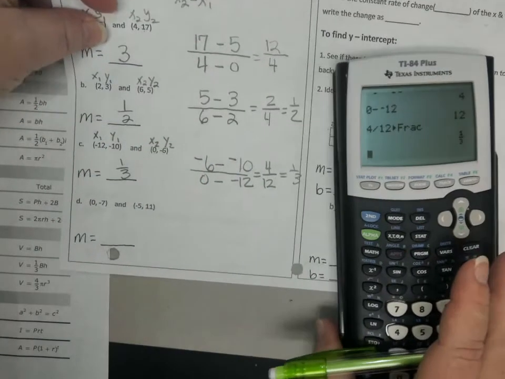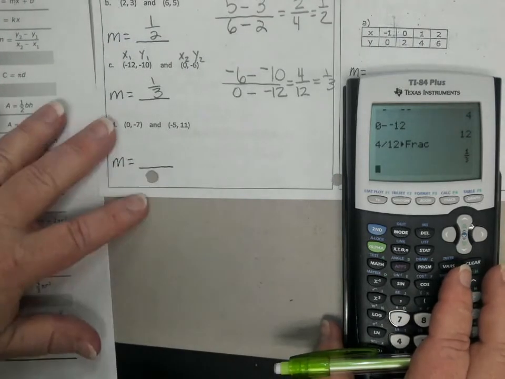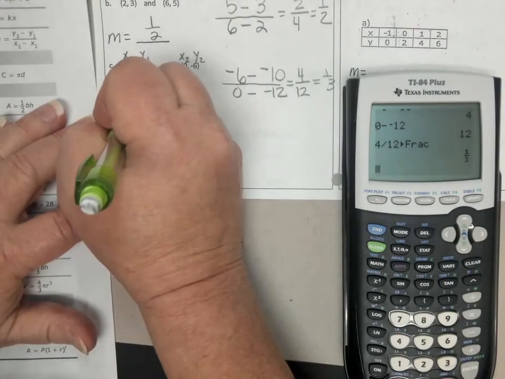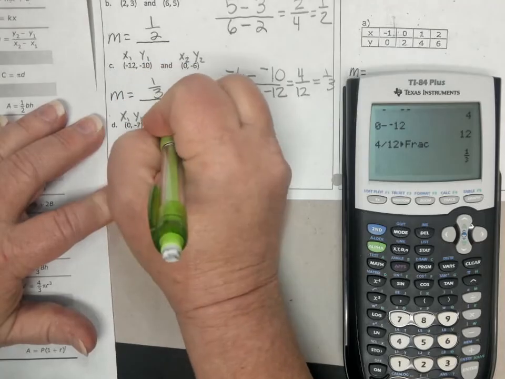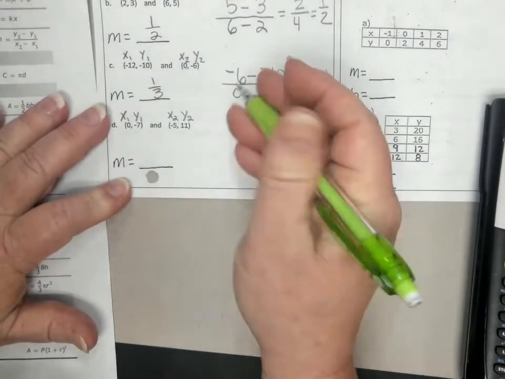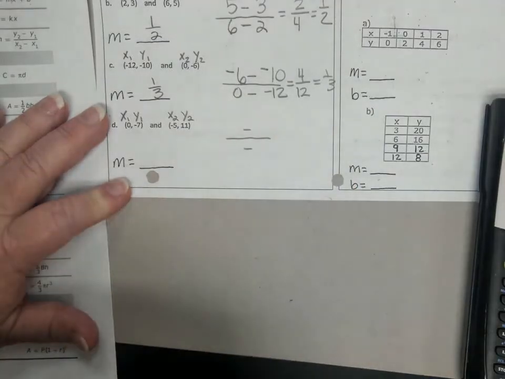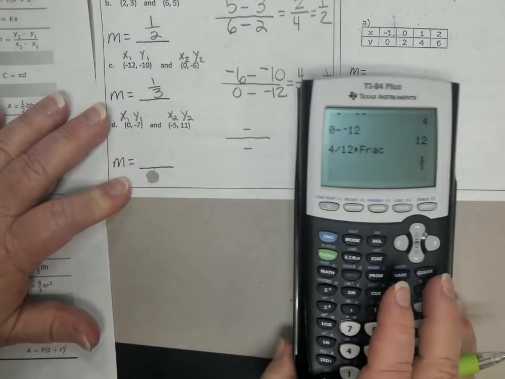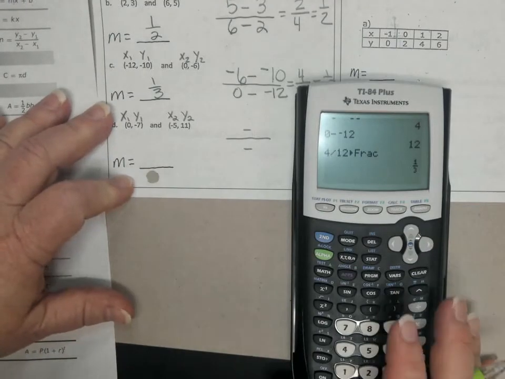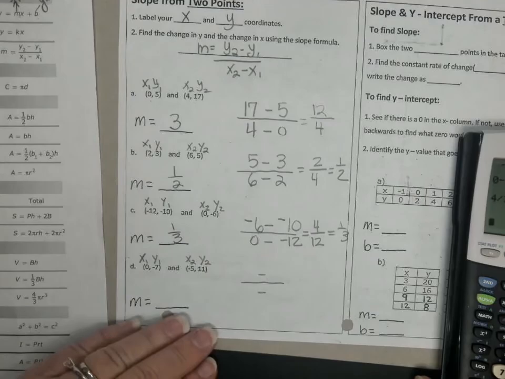Okay, we're going to do one more together. Stay with me. First thing you need to do, x1, y1, x2, y2. Put your line out here, put your subtract and your subtract, okay? Then I want you to look at this, look at the formula, okay? Look at the formula. Don't start putting things in your calculator.